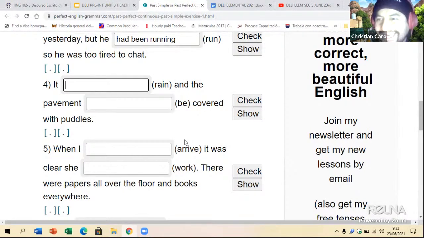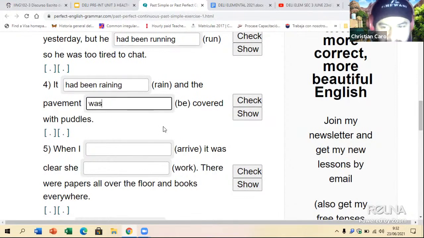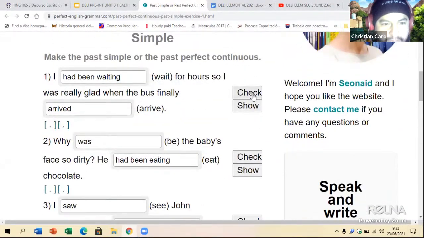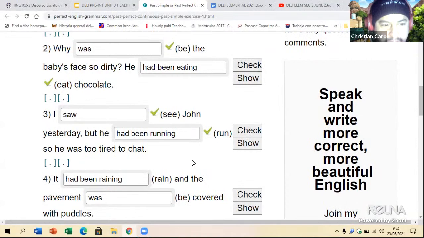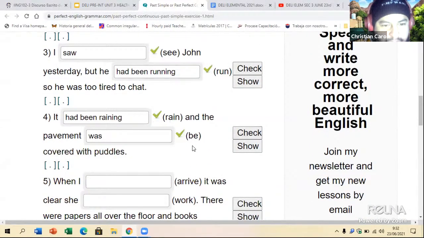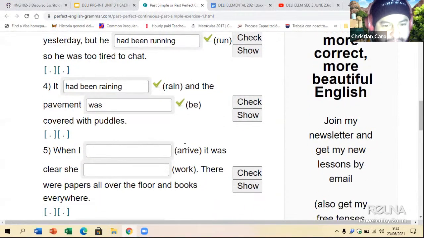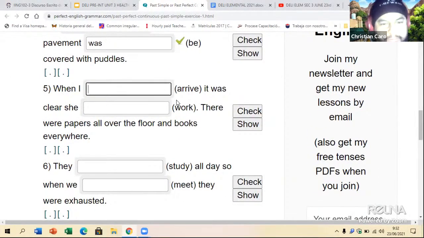Tienen dos opciones. It rained or it had been raining. Daniela dice it had been raining, and I agree with her. It had been raining, and the pavement was covered with puddles. Fran dice was. Very good, ladies. Excellent. Pavement was covered with puddles. Y aquí vamos a hacer el check al tiro. Number 2 is okay. Number 3 is okie dokie too. And number 4 is perfect score. Flawless victory.